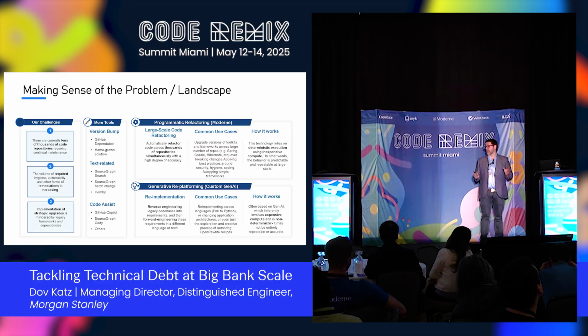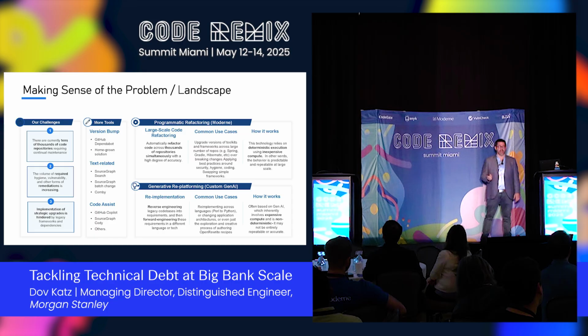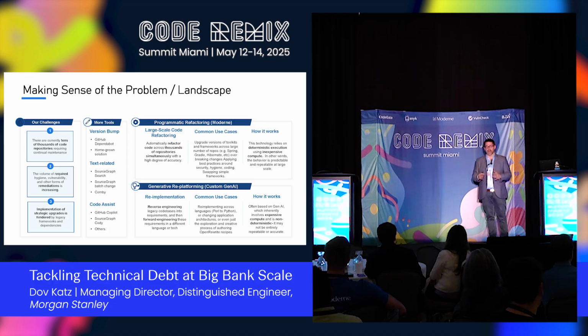And the other thing I like to talk about with this slide is these two things on the right, where most of the space on the slide is devoted. Generative AI, amazing. It is expensive compute and questionably deterministic, right? I'm not going to say non-deterministic, but it's questionably deterministic. I think some places they try to get better. As opposed to an OpenRewrite solution, it's deterministic running on cheap compute.